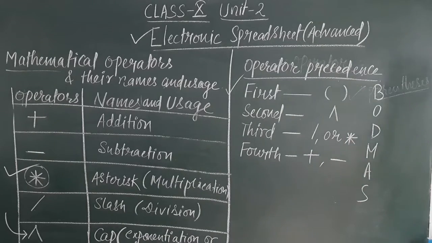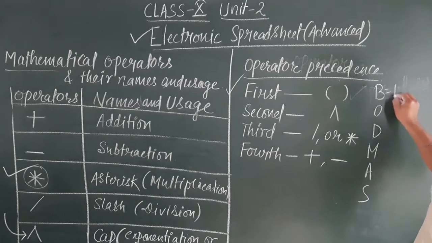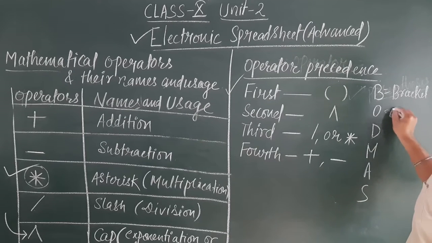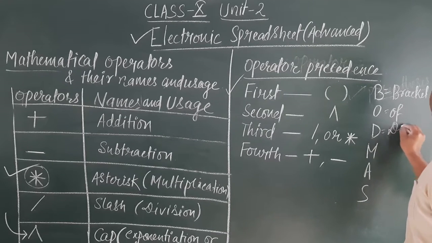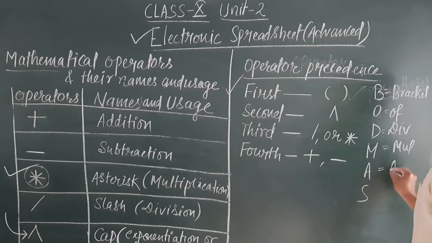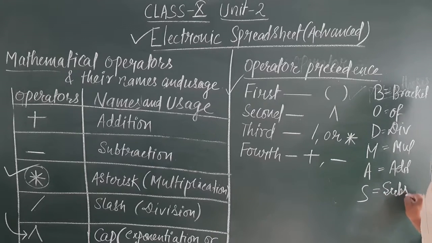All of you might have studied this concept of BODMAS. Whenever we are simplifying any expression consisting of different operators, then we need to go ahead with this rule. That is, first is bracket, then of, division, multiplication, addition and subtraction. Correct?